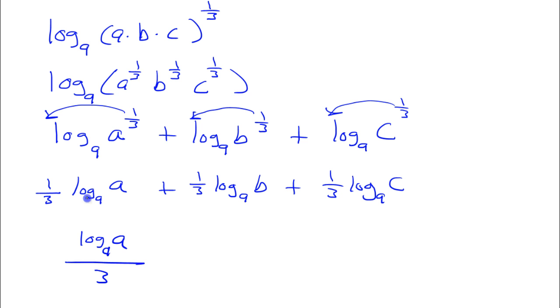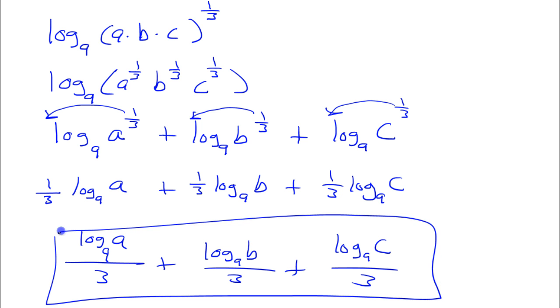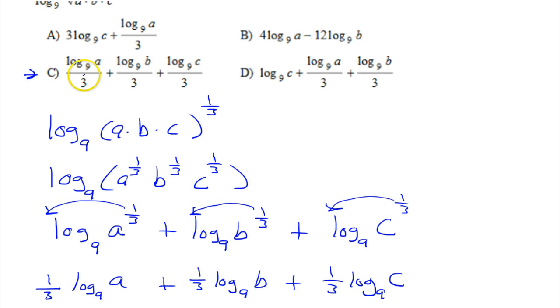All right, 1/3 log base 9 of a is the same thing as log base 9 of a divided by 3. So that's the same thing here. 1/3 in all of these cases is the same thing as putting it over 3. All right, so this is exactly what we have here. So the answer is C.